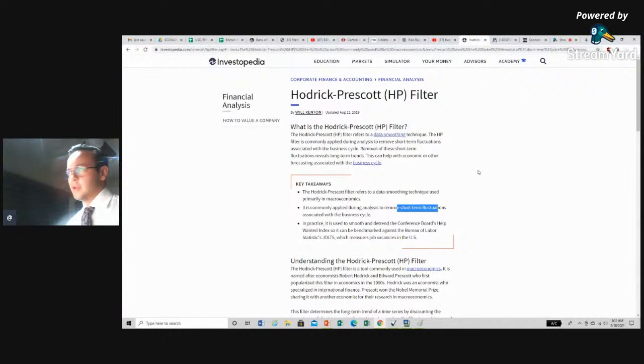Hodrick-Prescott filter. It is a data smoothing technique, and it looks to remove short-term fluctuations and include the cycle or trend factor.